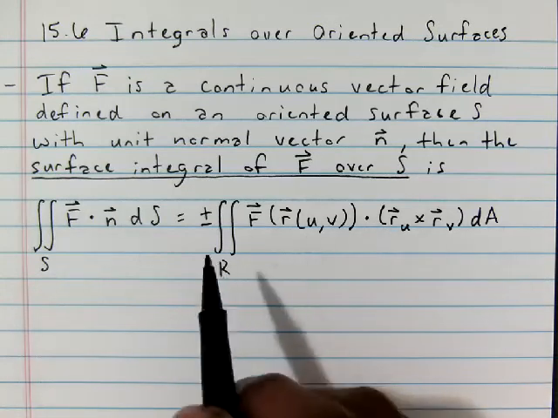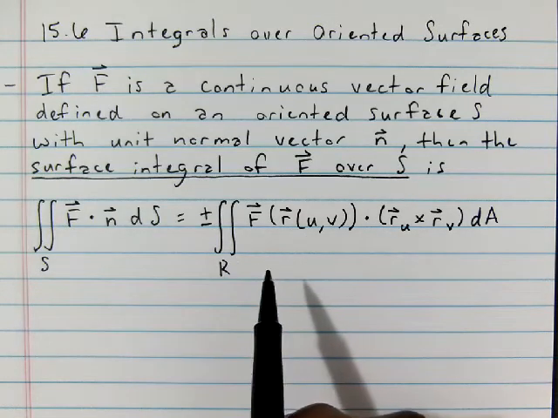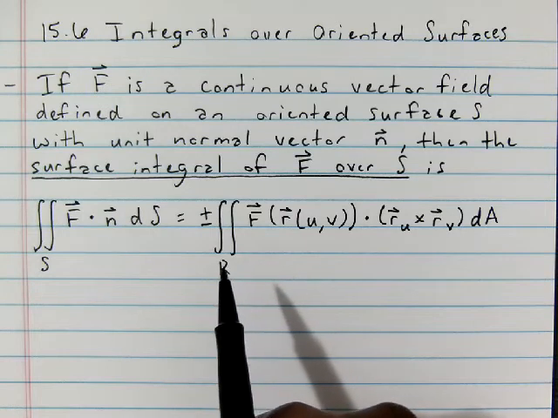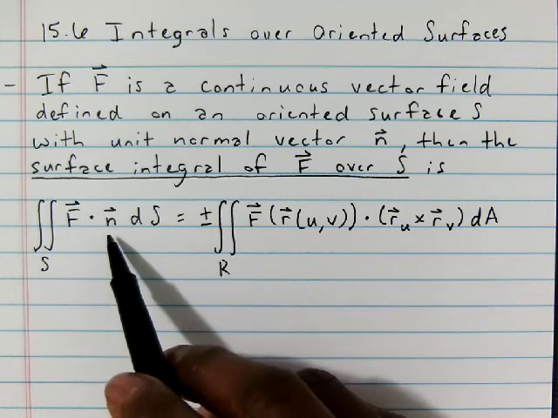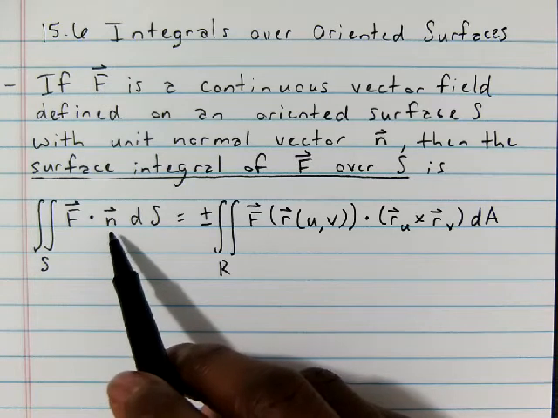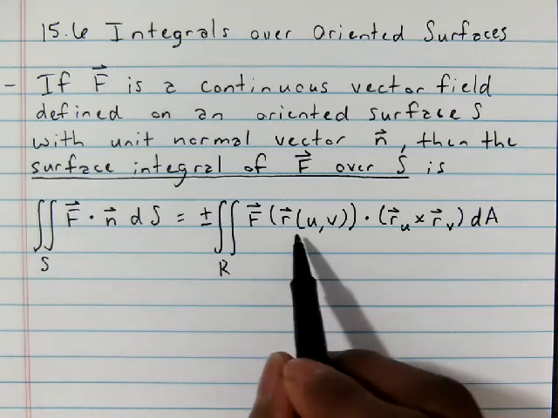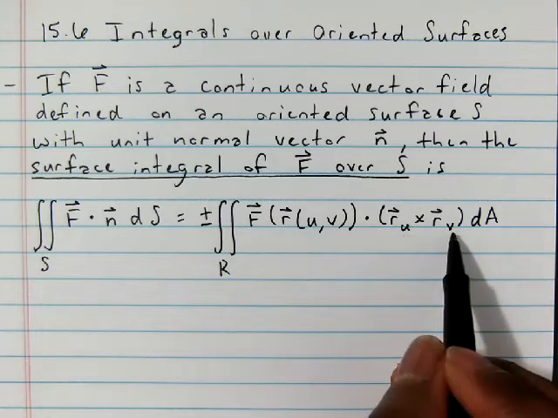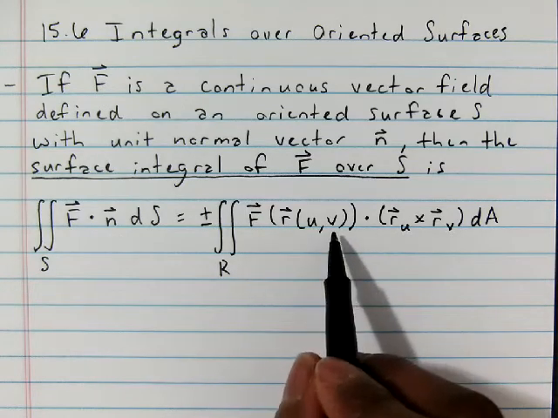So the reason I stress that is because you want to be careful to not just say, okay, well, I'm going to pick any old unit normal vector for my surface, and I'm going to dot that with my vector field. The way you compute this normal vector right here has to come from that parameterization right there.